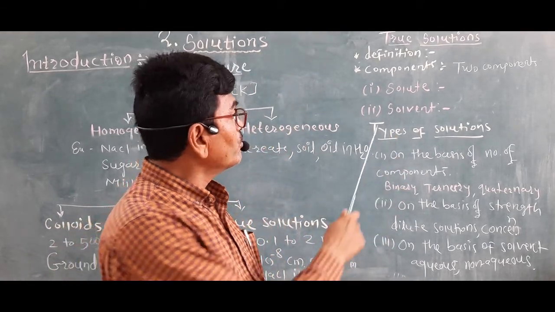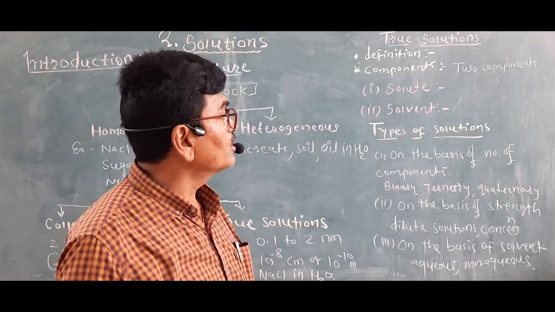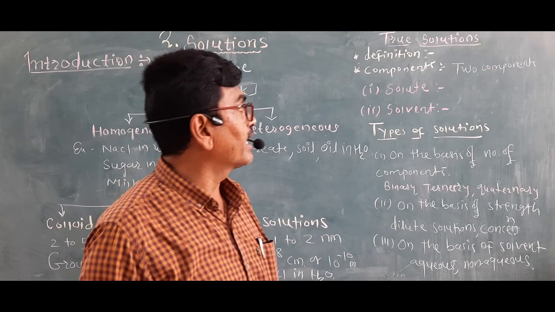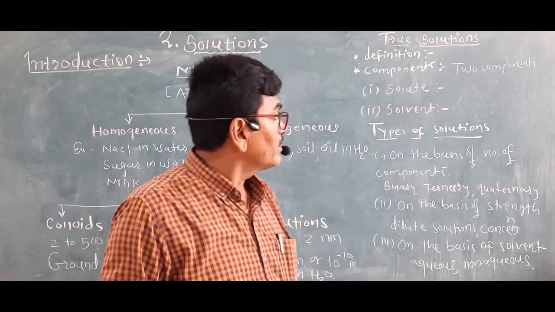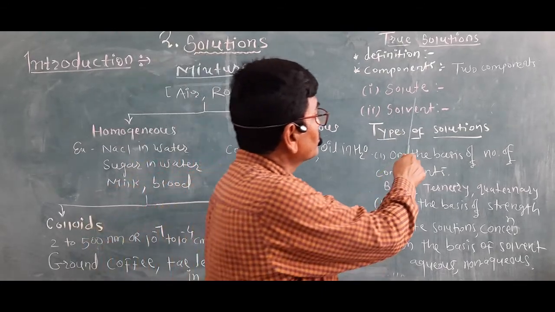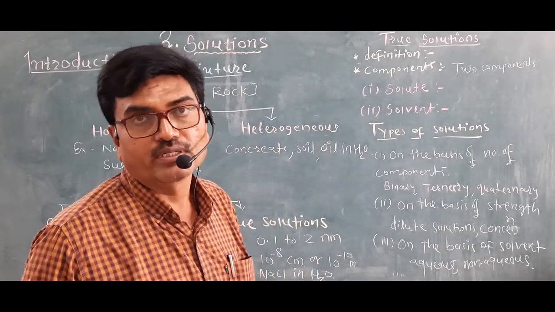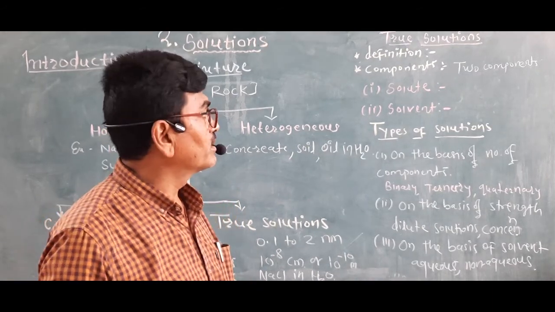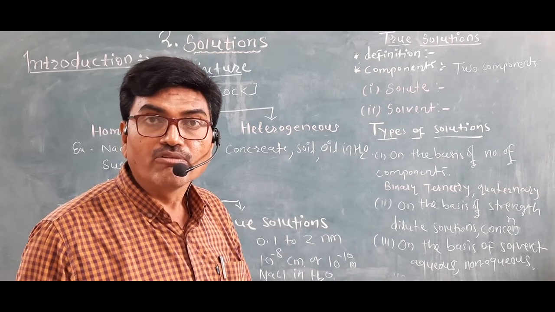So what is a solute? Try to understand. पहा, दोन कंपोनंट्स असतात ज्याच्यापासून सोल्युशन किंवा ट्रू सोल्युशन तयार होतं. सोल्यूट, the substance which gets dissolved is called solute. आपण सोल्यूट कशाला म्हणतो? पहा, जो पदार्थ विरघळतो.